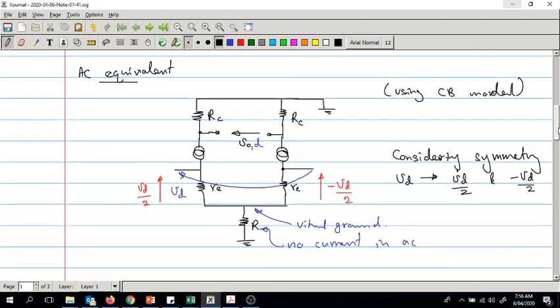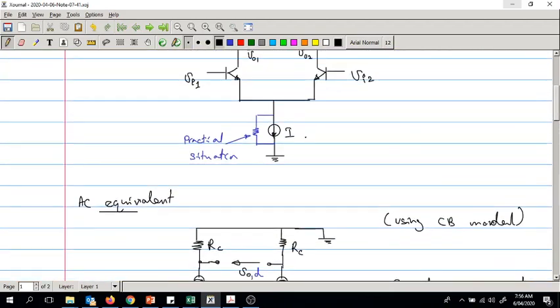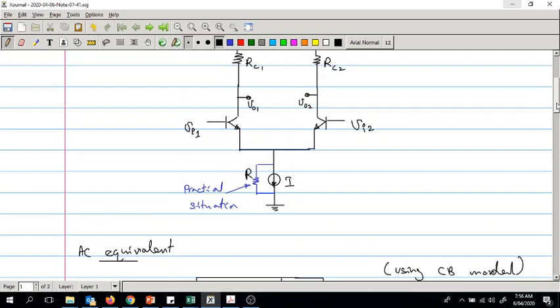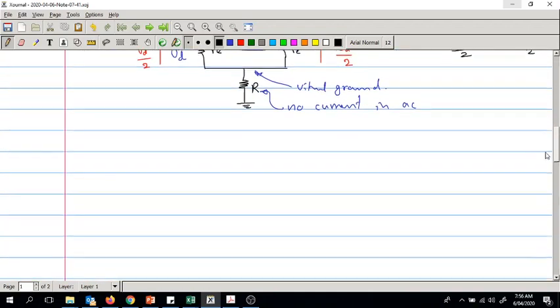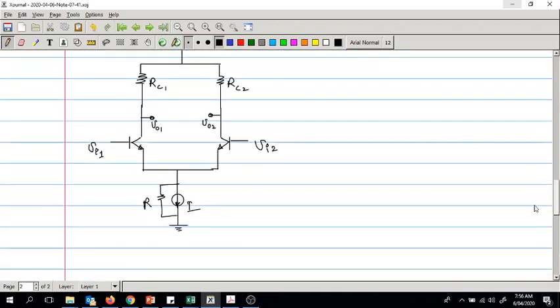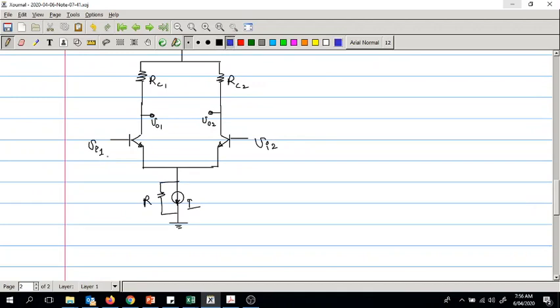I don't think so. So this is our I, right? I is there, R is there, okay. Right, so with that we can actually take this input as Vi1 as Vd by 2, and this as minus Vd by 2.